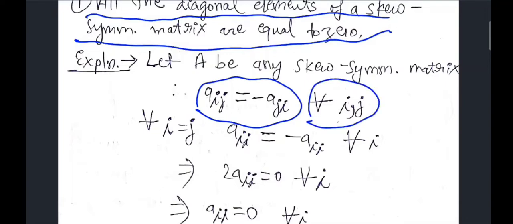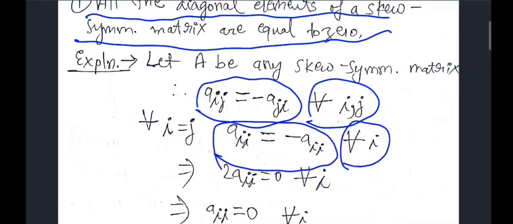I had already told you that the elements above and below the principal diagonal have opposite signs.